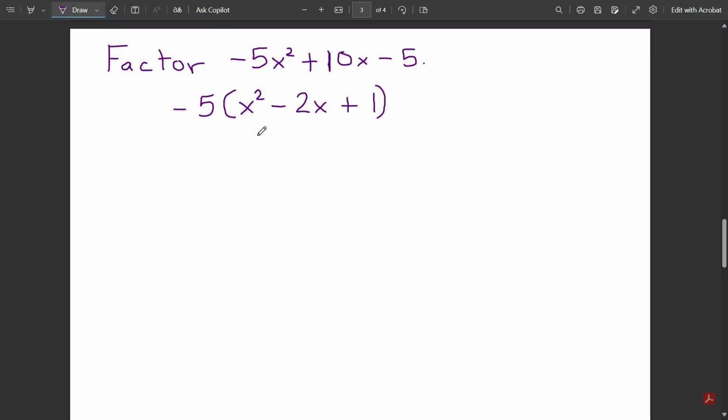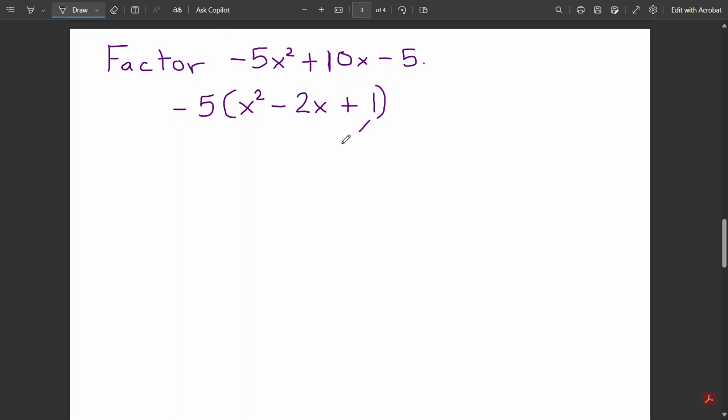Okay, so now we look at this. We've got negative 5 times x squared minus 2x plus 1. We've got a quadratic here with a equal to 1, the number in front of x squared. And we've got a negative b value and a positive c value, meaning that both of our factors of 1 that we list out here should be negative.